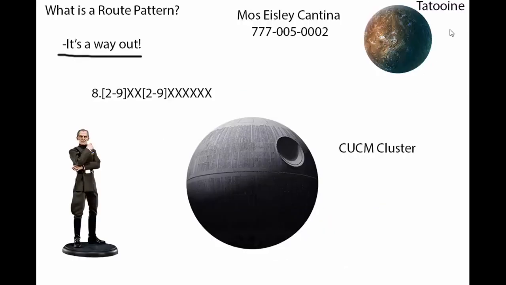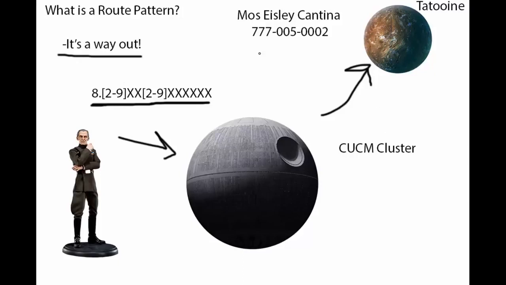So basically, we've already set the groundwork for Captain Tarkin to go from here to here with the route group and the route list. But the route pattern tells us which calls should take that path. And it also tells Captain Tarkin which number to dial, what dialing habit, what dialing pattern he needs to dial.